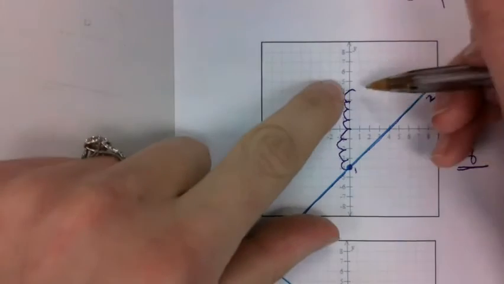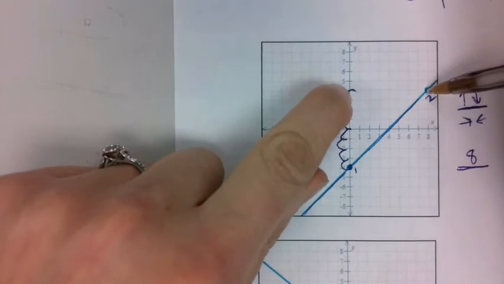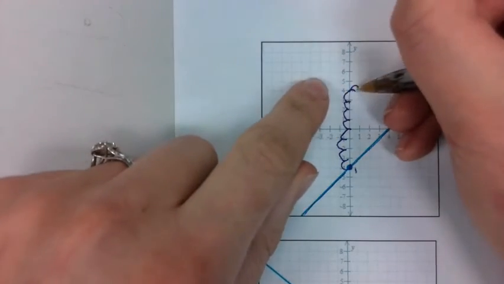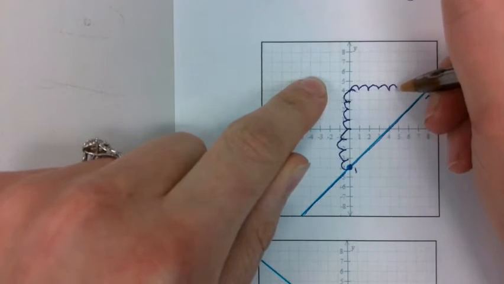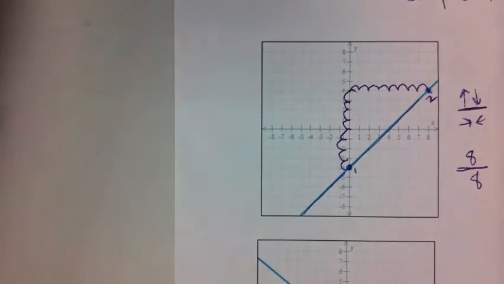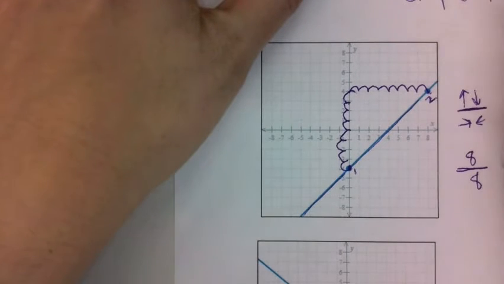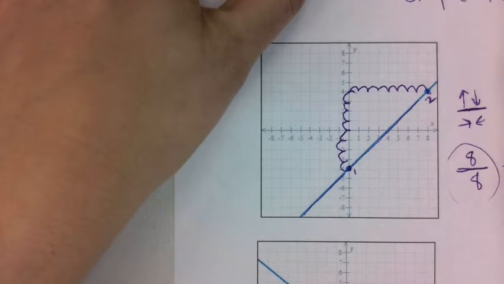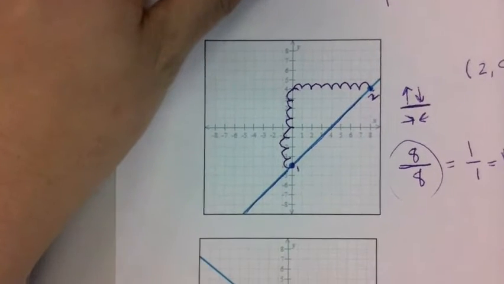Now I'm going to go from where I left off and count over to my second point: 1, 2, 3, 4, 5, 6, 7, 8 spaces. So my slope is 8 over 8, but remember I always want to simplify it. So I would either make it into 1 over 1 or just a whole number of 1.